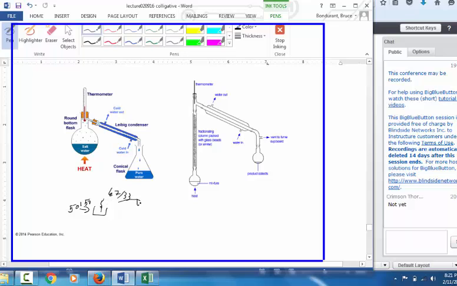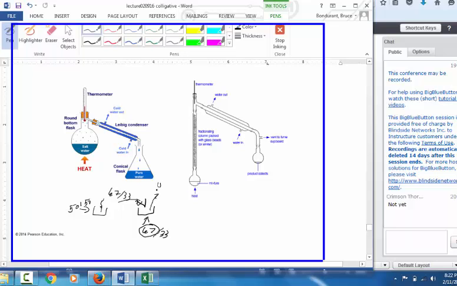You turn that back into a liquid that is now 67-33, and then you vaporize it again. Now the vapor is going to be much more concentrated in this vapor phase still.